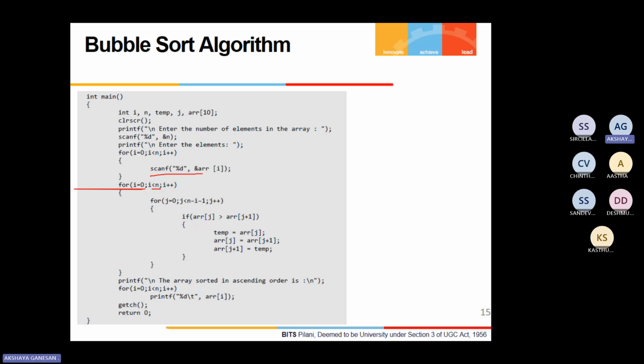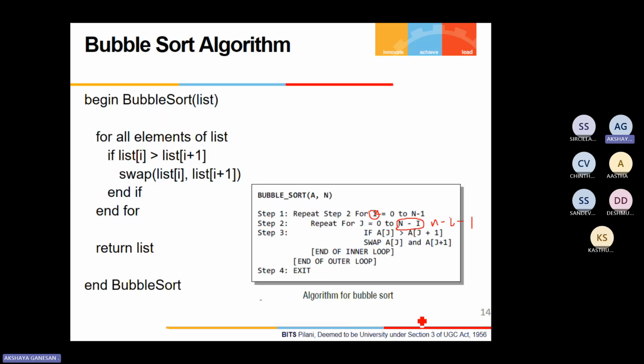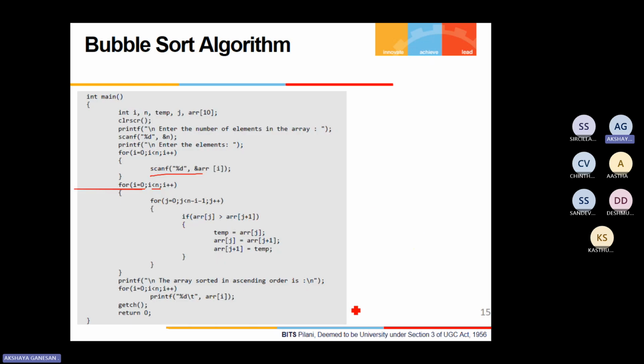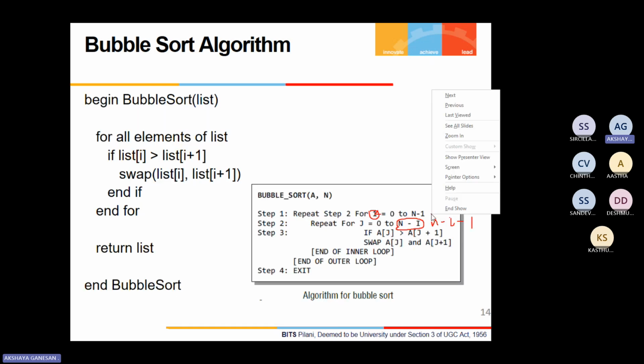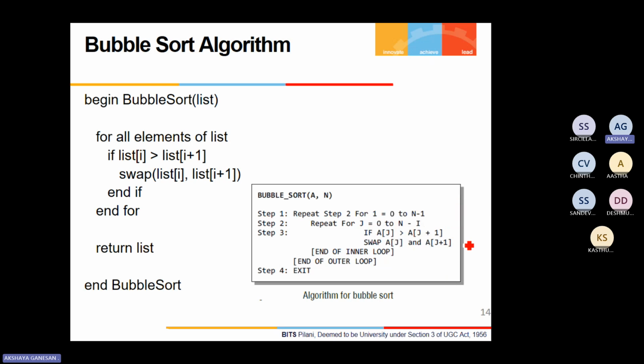So what is the time complexity? Can you give me the f of n function of this? I'll give you 2 minutes. Try to calculate the f of n function. Do you want to calculate for this algorithm or this program? This is easier to calculate, right, instead of the program. So please tell me what is the f of n for each of these steps.